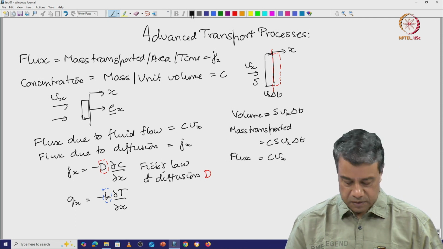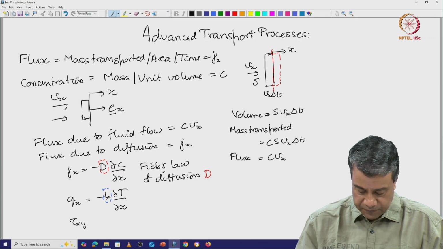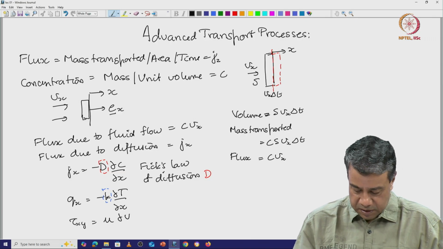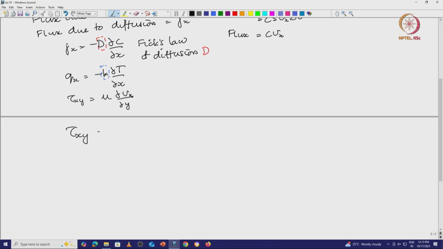And in the first course, I had also taught you that the shear stress tau xy is equal to mu into partial Vx by partial y. Basically, if I have a flow in the x direction and the velocity is varying in the y direction, then there is a force exerted on these two surfaces. Force per unit area is mu times partial Vx by partial y.